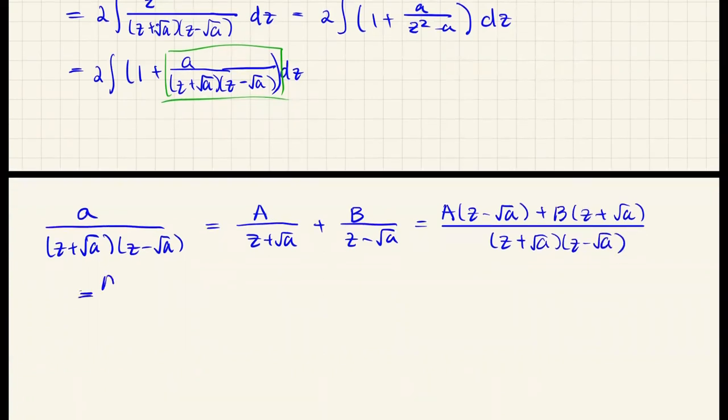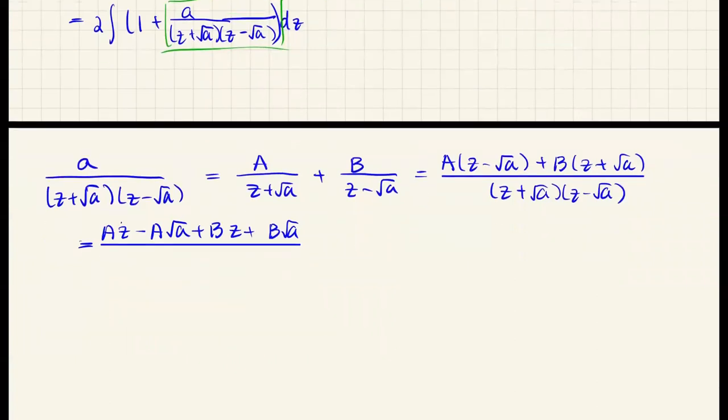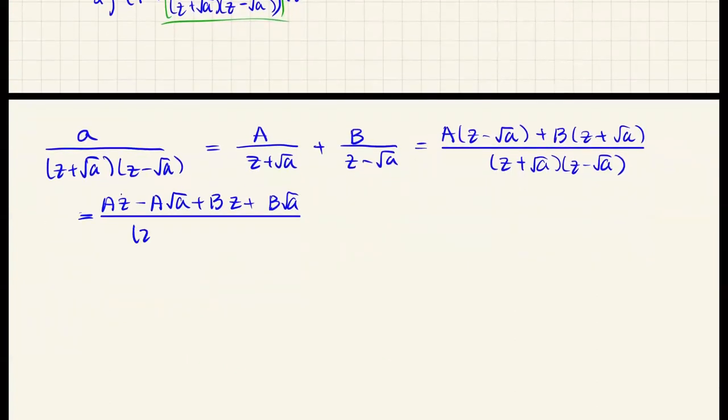And so we have Az minus A root a plus Bz plus B root a, all this divided by (z plus root a)(z minus root a).